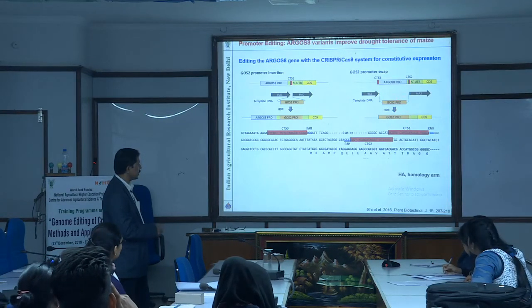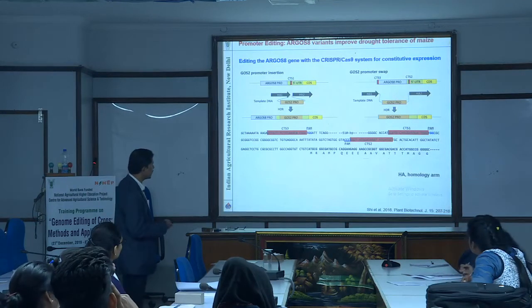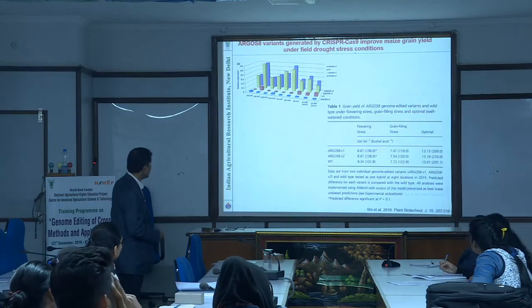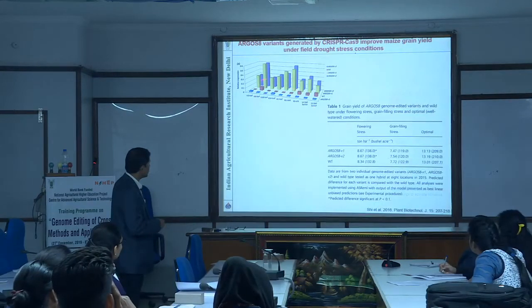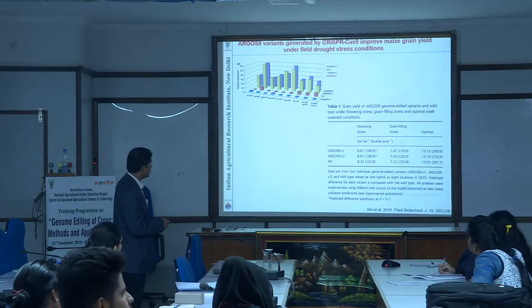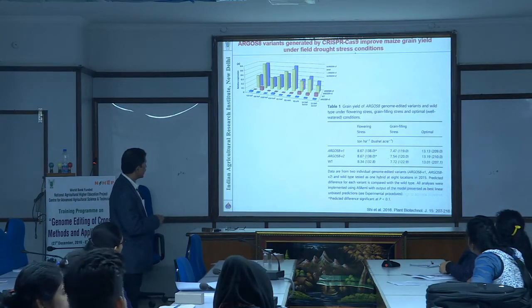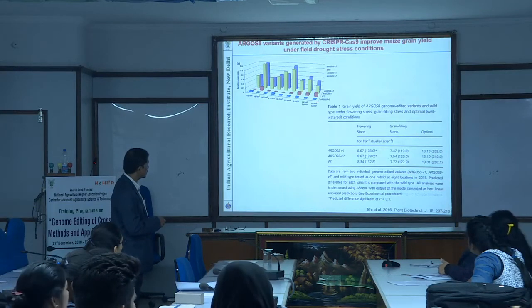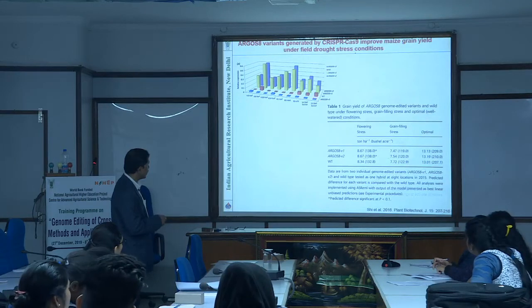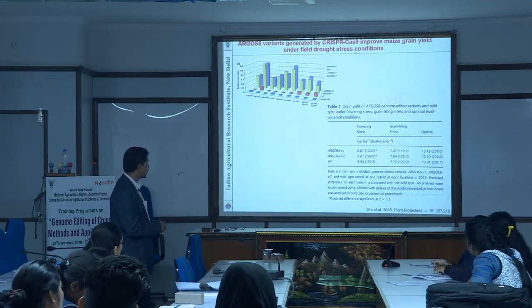So it is a kind of promoter replacement within the plant, a cisgenic approach you can say. And they found that when the promoter was replaced, the expression was higher when compared to the wild type plant, or when it is only inserted in the UTR region.